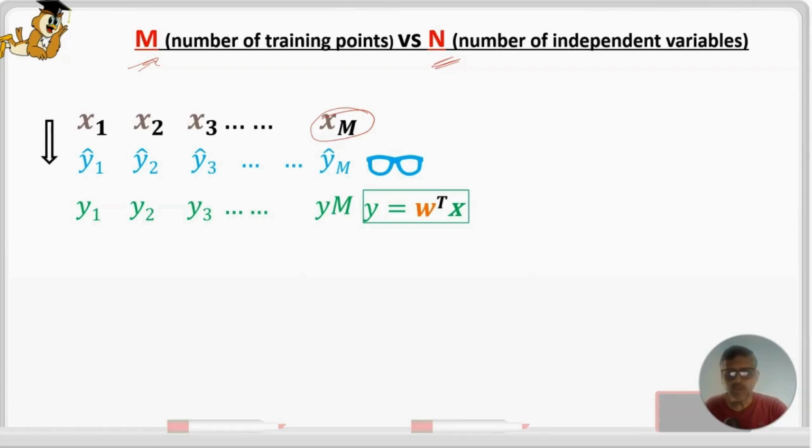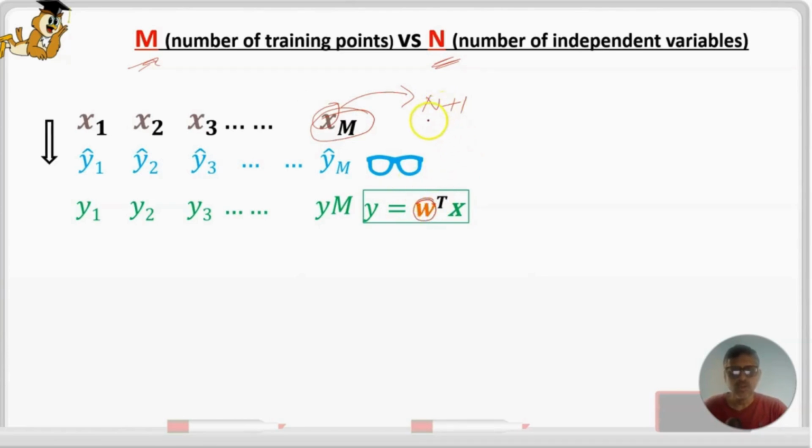n is the number of independent variables that you have, and therefore the size of each of the x's is n plus 1, because you remember in each of these x's we appended a 1 right at the top because we had n plus 1 weights.